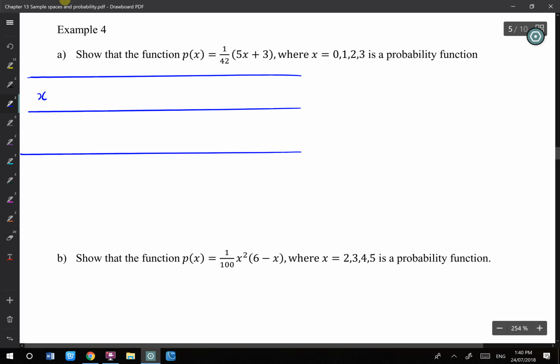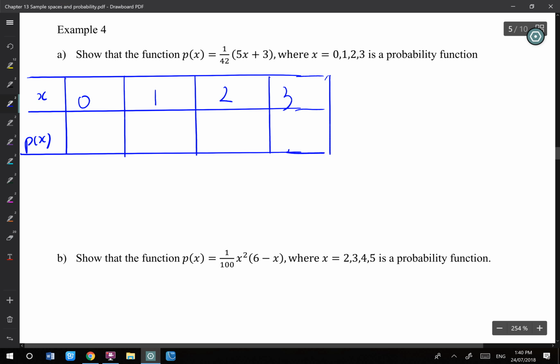I have x and I have lowercase p(x). I have 0, I have 1, I have 2. Okay, p(x), when x equals to 0, I can have 3 over 42.